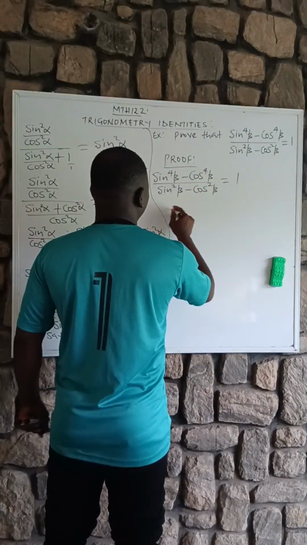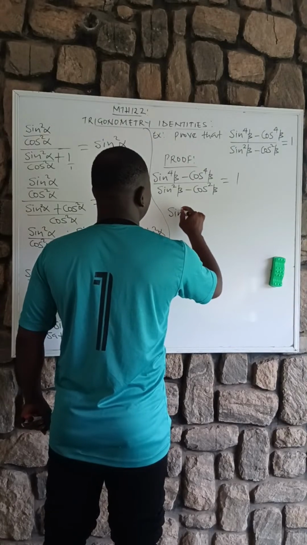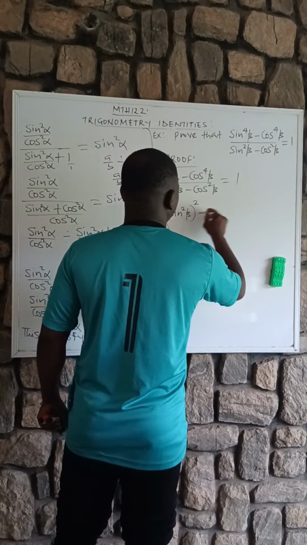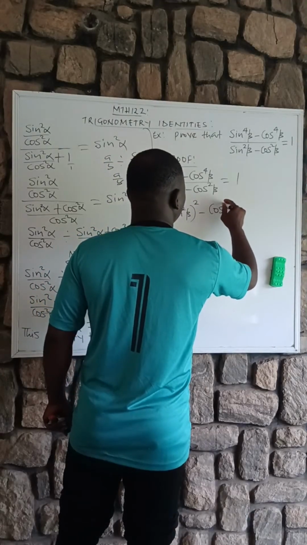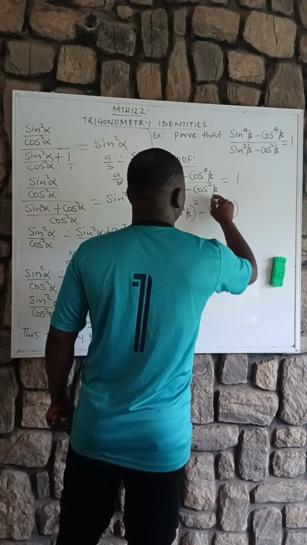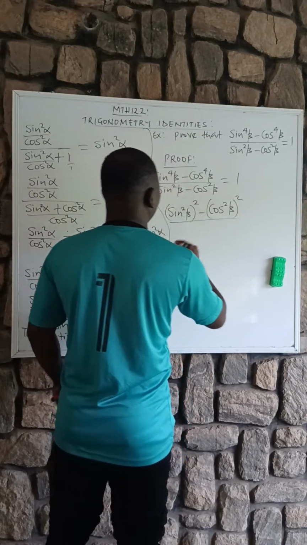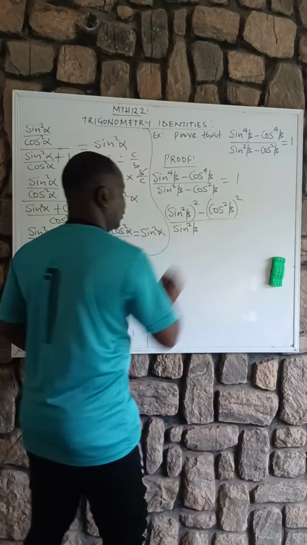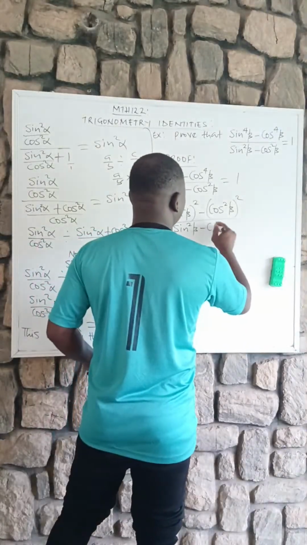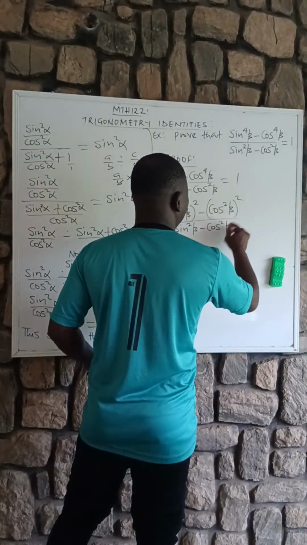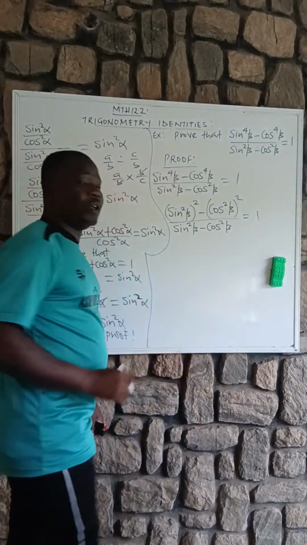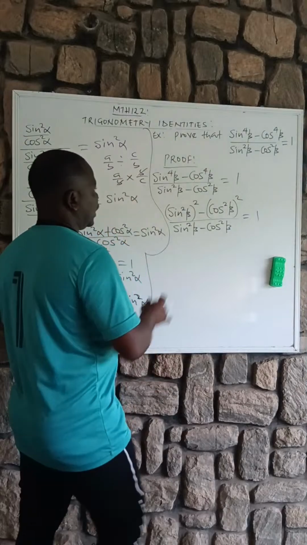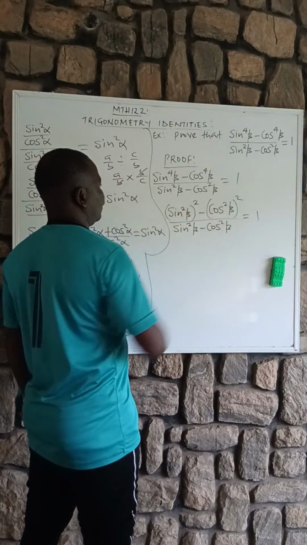So here will now be sine square beta, all in bracket square, minus cos square beta, all in bracket square, all over sine square beta minus cos square beta, which is equal to 1. Now, this is a difference of two squares.